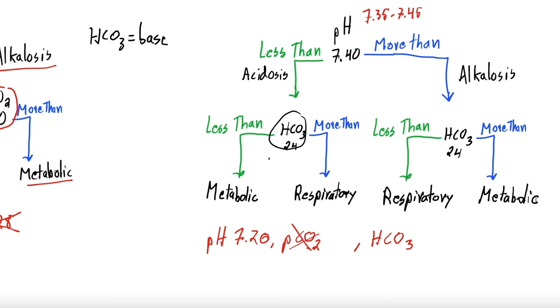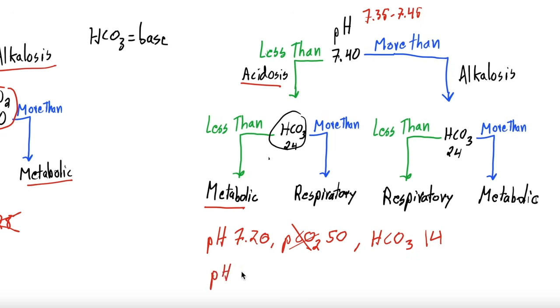The PCO2 is going to be 50, and your bicarb is 14. So if we go down here, pH is 7.40, 7.2 is less than, acidosis. Bicarb of 24, 14 is less than. So this is a metabolic acidosis because the amount of bicarb, or the amount of base, is low, meaning the low bicarb is causing the acidosis.